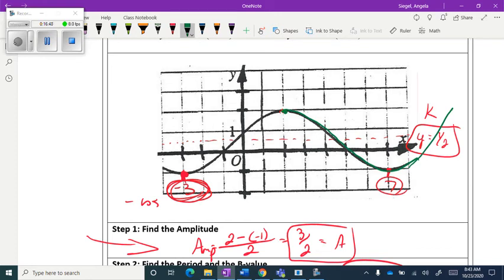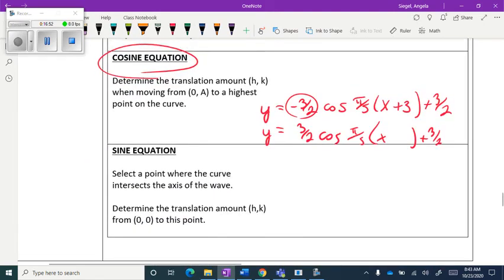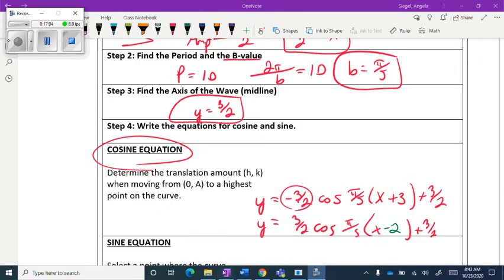So that would be 2. So it would be shifted to the right 2. So it'd be x minus 2. So both of those are totally okay. There's actually like an infinite amount of equations that you could write for this. So go ahead and try sine. And guys, I just realized that this is not 3/2. It was our last one. This is 1/2 and 1/2. Sorry about that.